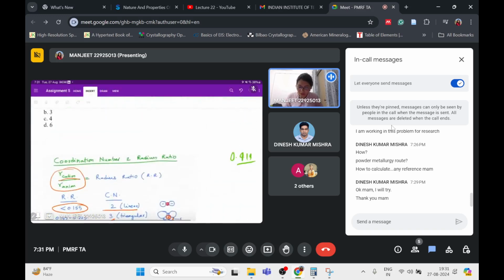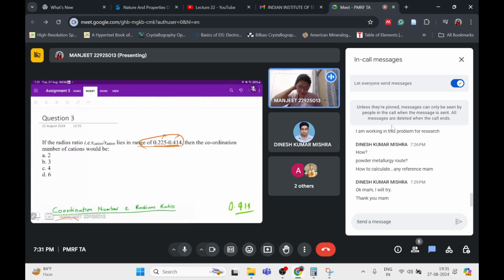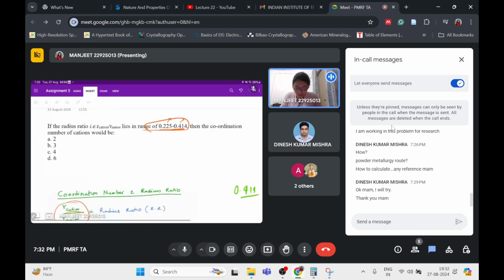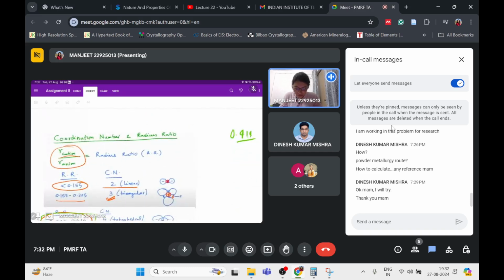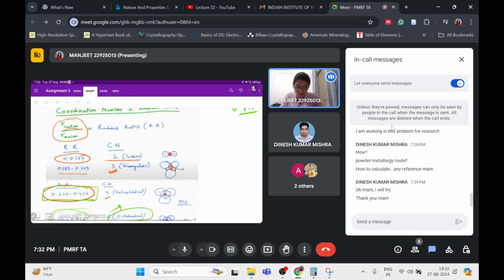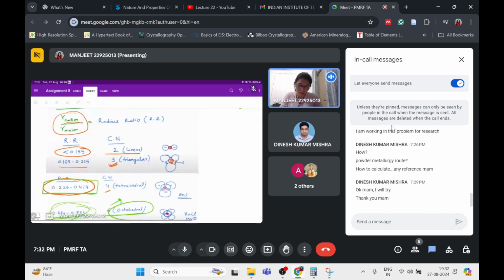In question number 3, if the radius ratio lies in this region, what will be the coordination number? We have the relation between the radius ratio and the coordination number. Once we know which range the radius ratio lies in, we can find the corresponding coordination number. If it is less than 0.155, the coordination number is 2.